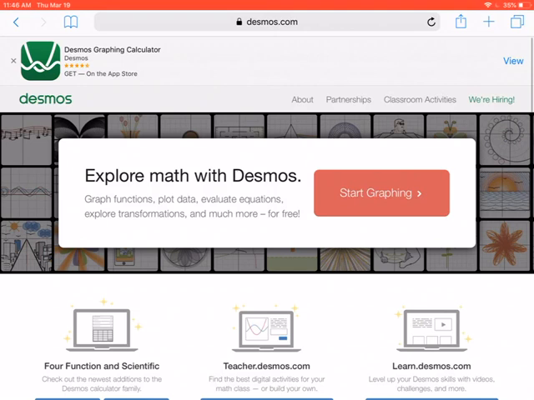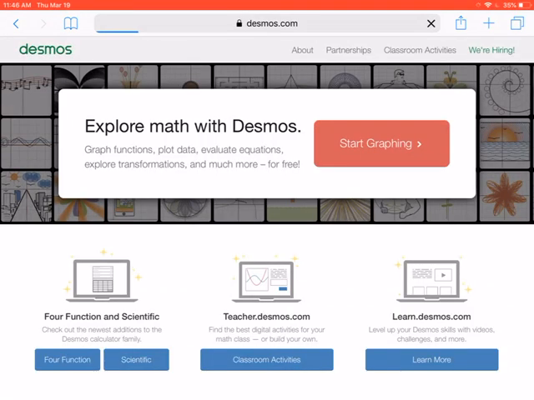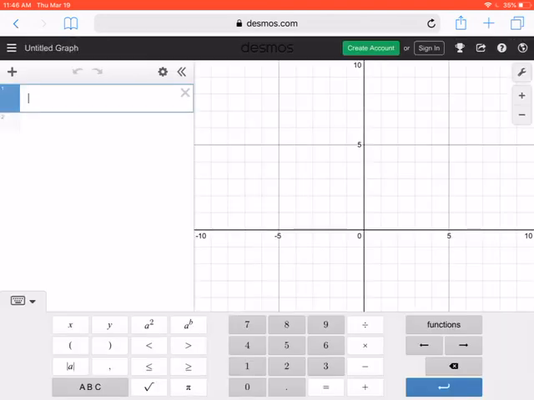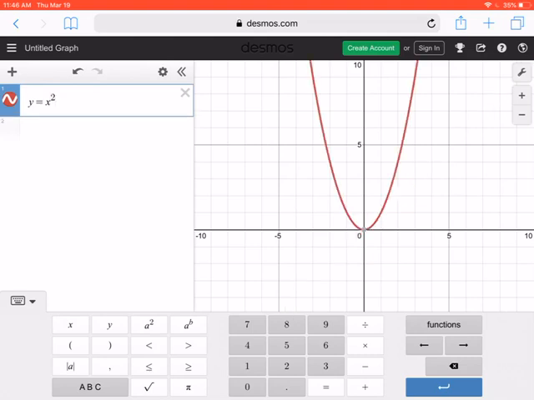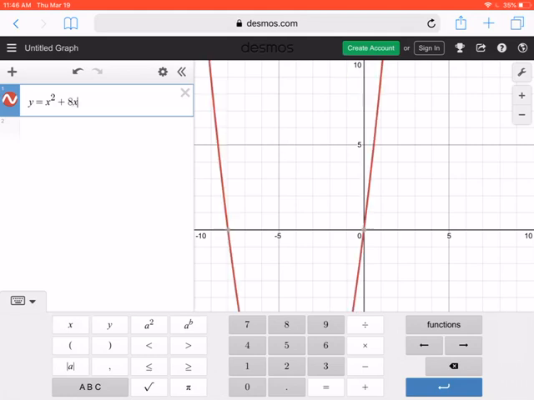And we want to start graphing. Let's see if it's going to want to work with us. Here we go. Okay, and our first function was our standard form. So we are going to type in y equals x squared, I can use this little squared key, plus 8x plus 10.